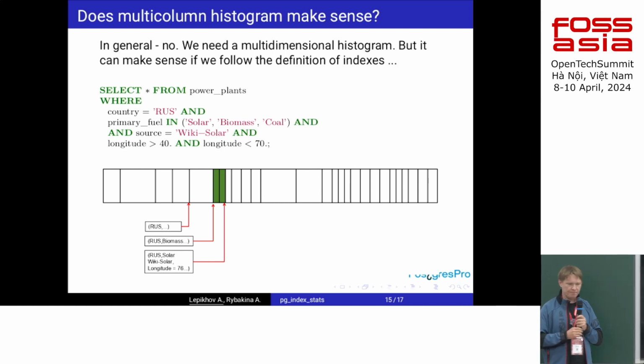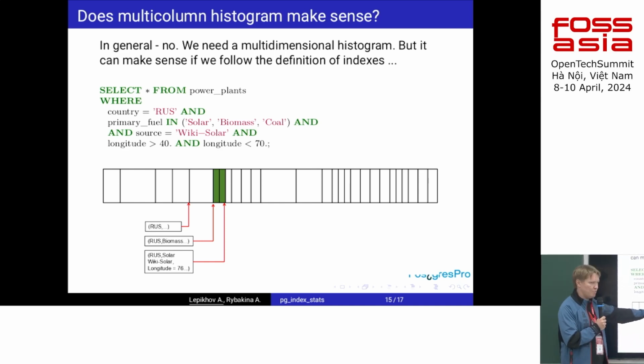And we tried to do it with a simple patch. It's already not an extension, but just for experiments. And how do we estimate selectivity? We look into the clause, into the expression, and try to find bins in the histogram which can contain this data.